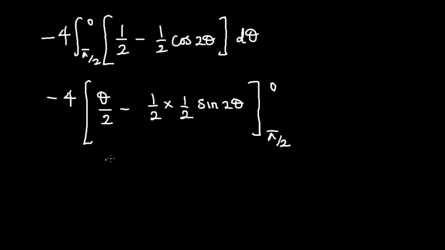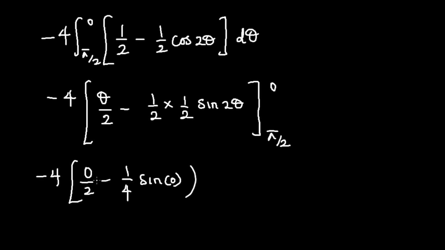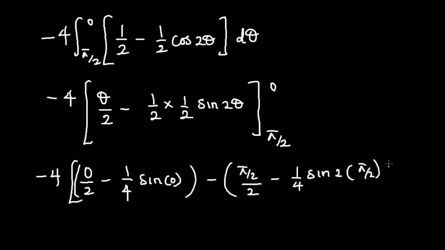Alright, so if I fix in the upper bound, that is minus 4 times 0 over 2 minus 1 over 4 sine 0, and then fixing the lower bound, which is pi over 2, then pi over 2 over 2 minus 1 over 4 sine 2 times pi over 2.